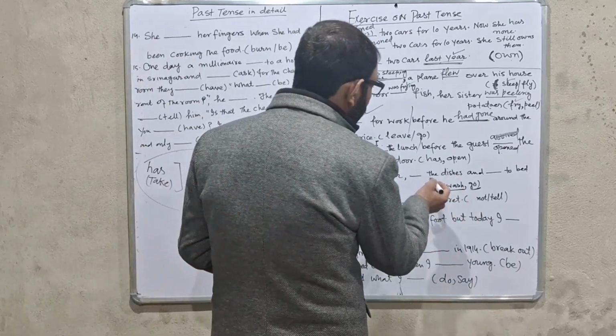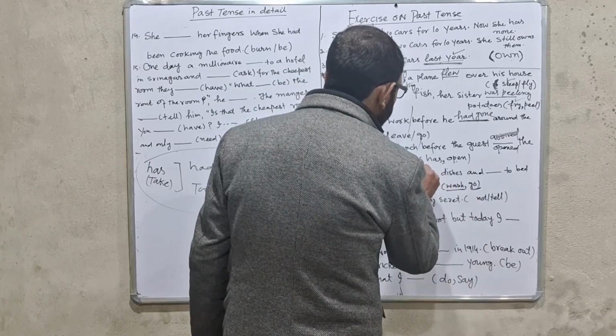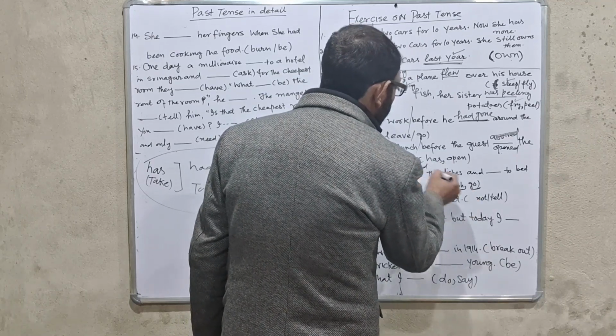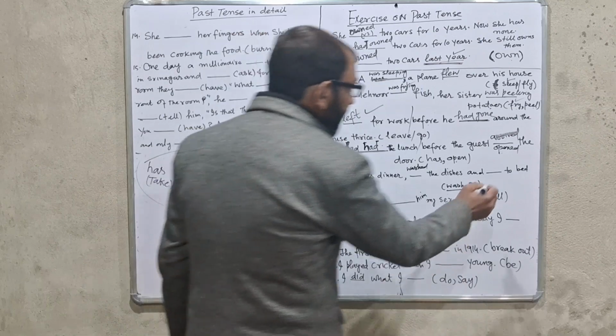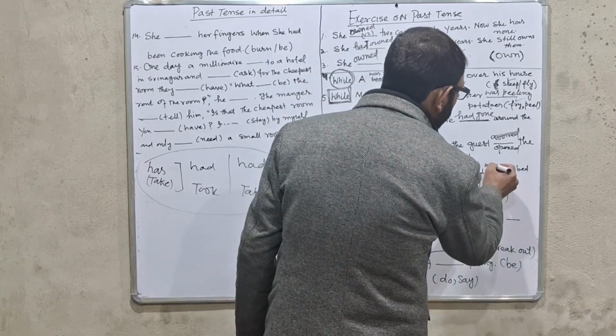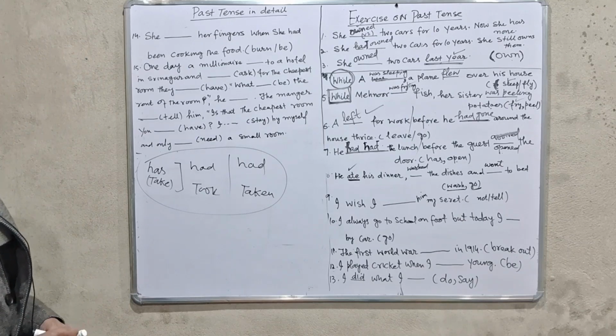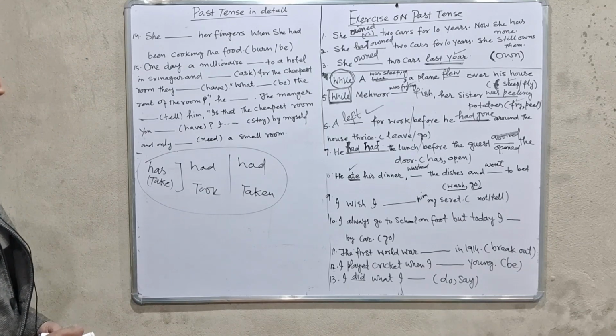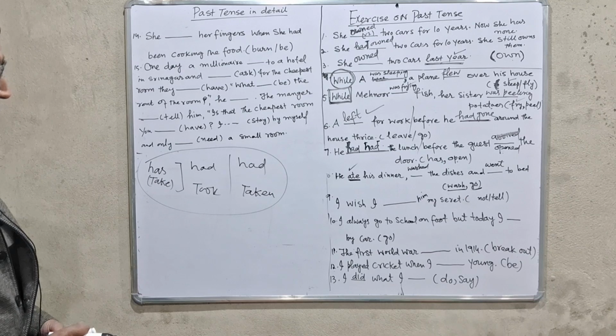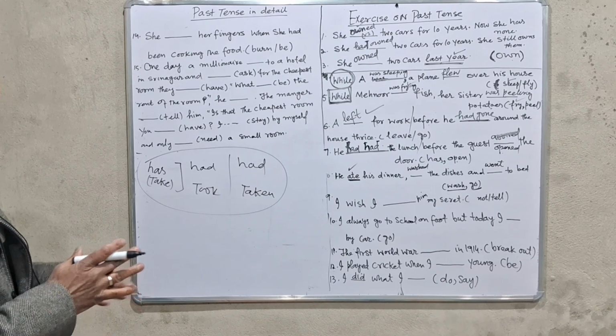He ate his dinner, washed his dishes, and go, second form, went to bed. Actions are taking place in quick succession, which means a chain of actions.